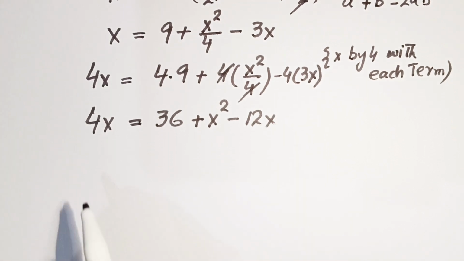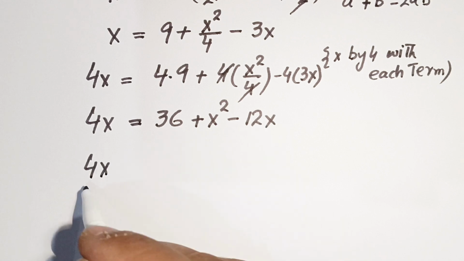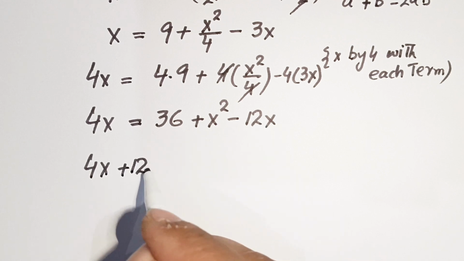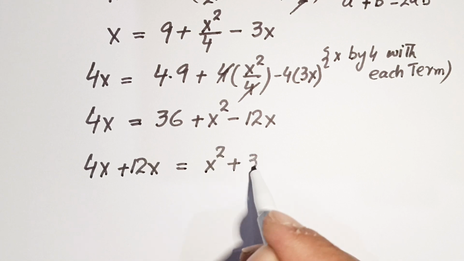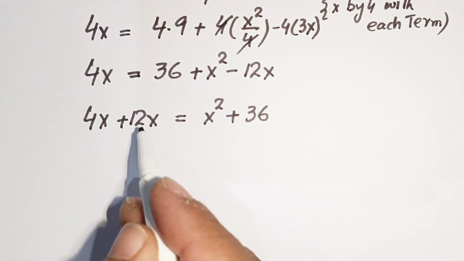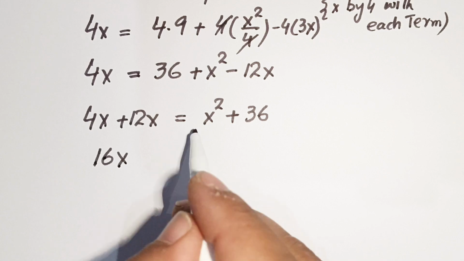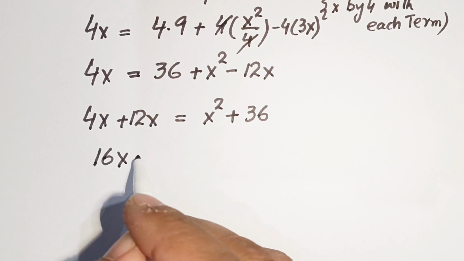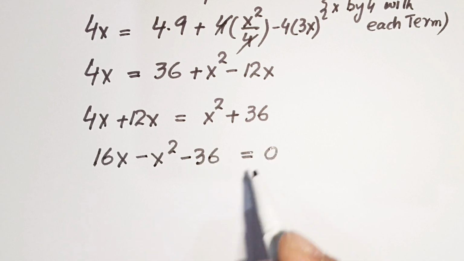Now if we shift 4x and this minus 12x to our left hand side, we get plus 12x equal to x squared plus 36. Now 4x plus 12x, we get 16x, and shifting this one, we get minus x squared and minus 36 is equal to 0.